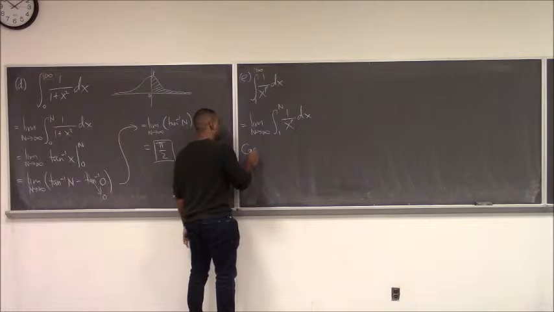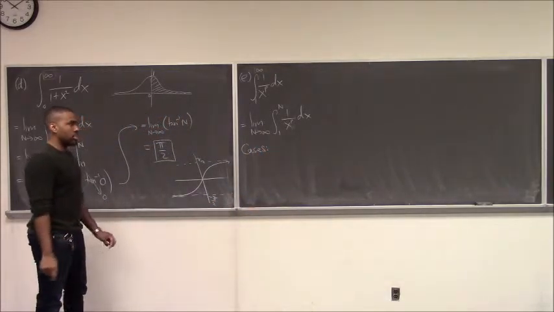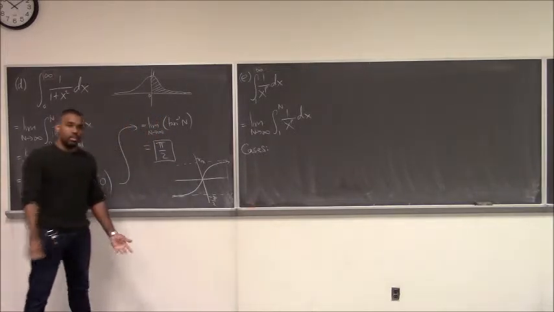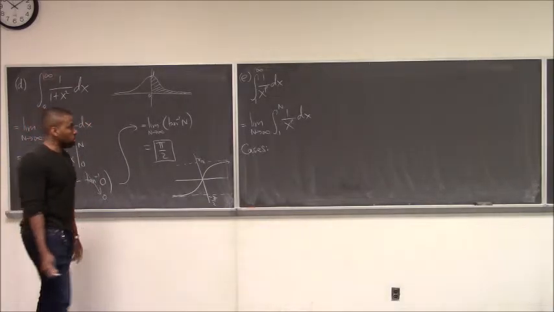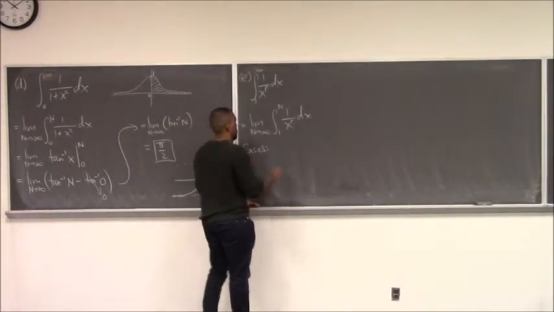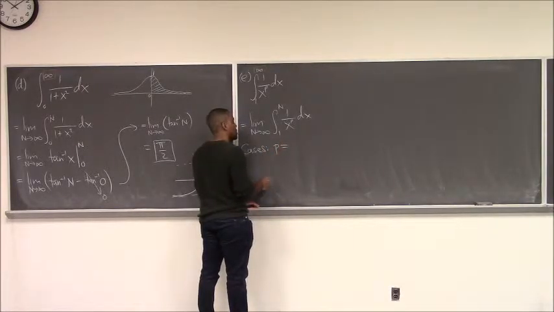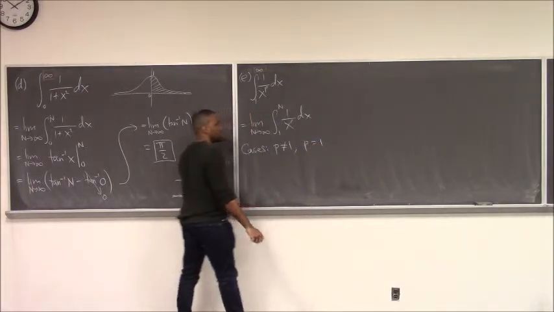This guy automatically breaks up into cases though, because how you integrate 1 over x to the p would depend on the p value. We know the integral of 1 over x is ln of absolute value of x. However, for any other p, we use the power rule. So basically, we care about if p is not equal to 1 versus if p is 1.